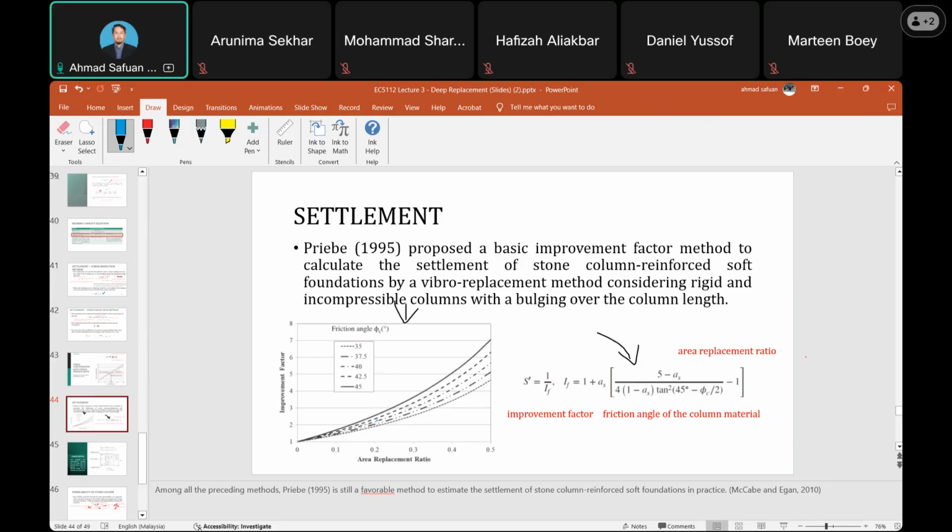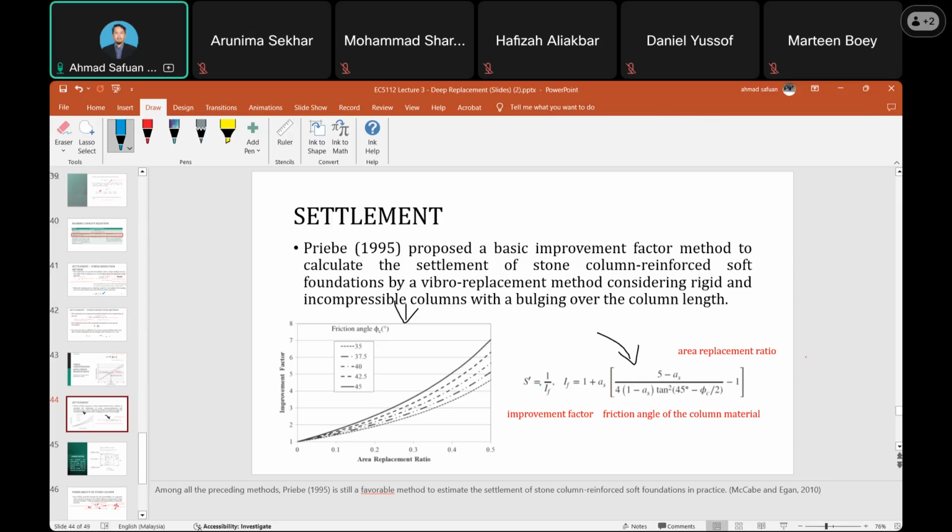Then we go to meet which friction angle, and from there we determine the improvement factor. Or we can use the equation here to get the IF.